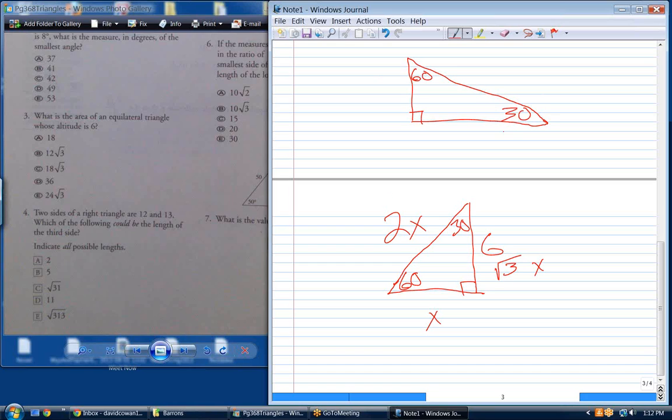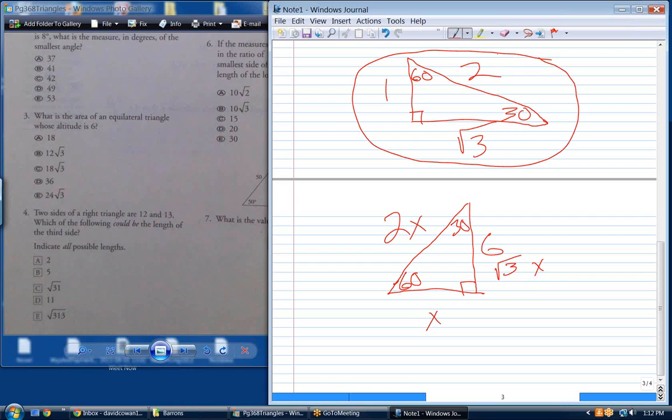I like to call this my unit special triangle because opposite the 30 is 1, opposite the 60 is square root of 3, opposite the right angle is 2. So any triangle that is a 30, 60, 90 is going to have these measurements as their proportion, or 1x, root 3x, and 2x.